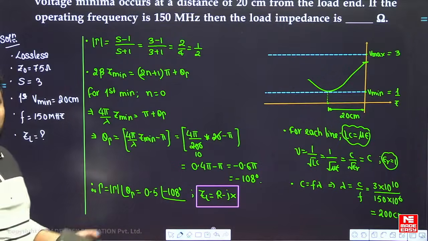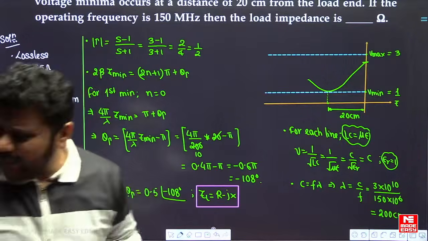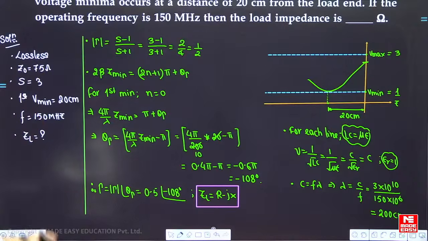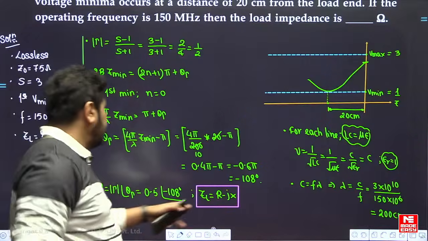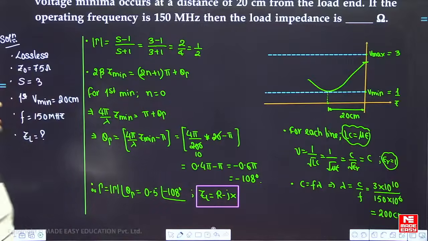Even though they are not asking the nature of the load, the question may arise whether it is purely resistive, purely inductive, purely capacitive, or resistance plus inductance, resistance plus capacitance. From the graph it is quite apparent that it is resistance and capacitance connected together, right.